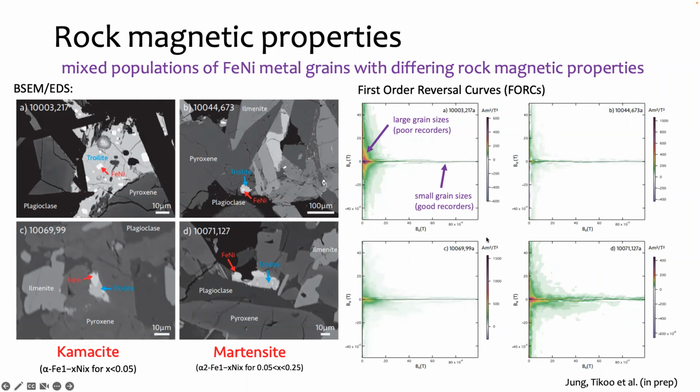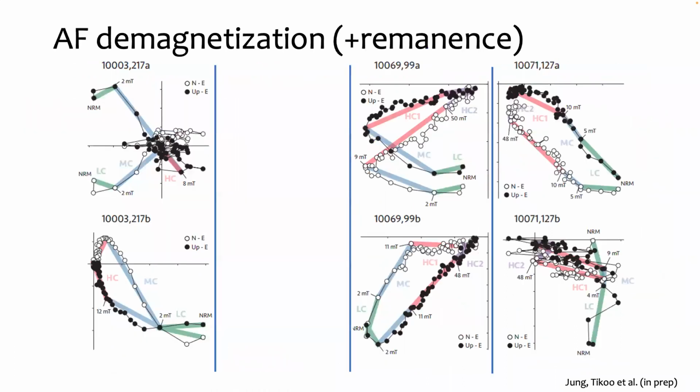So nevertheless, we have iron-nickel of different sizes being the magnetic recorder. Out of the samples that we did measure, 3 of the samples, 10003, 10069, and 10071, do show that there are magnetizations recorded inside the samples.